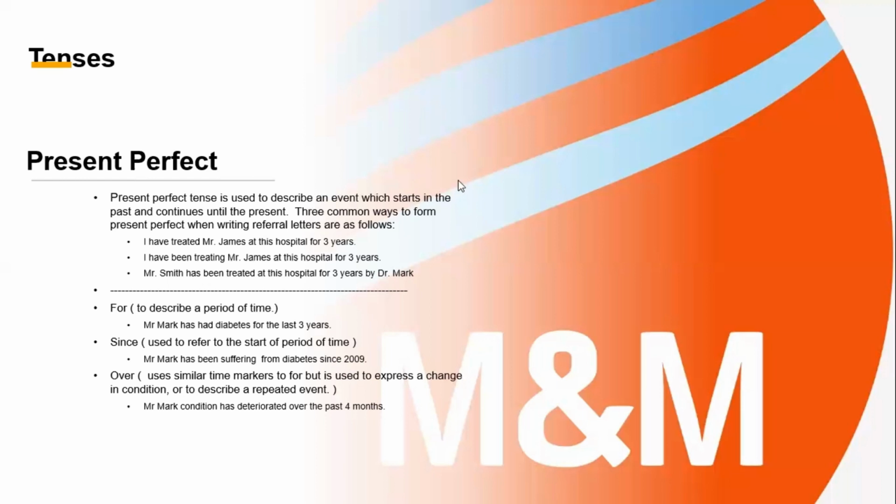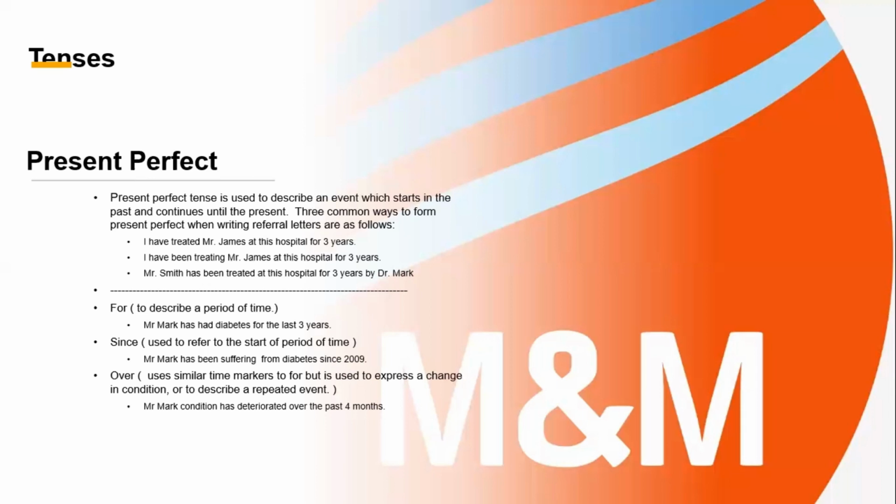Basically, when we have a period of time and no start is mentioned, we can use for. And when we have a period of time where a start is mentioned, we can use since. And when we have a repetition of the event, like it's happening time and again, we can use over with that.